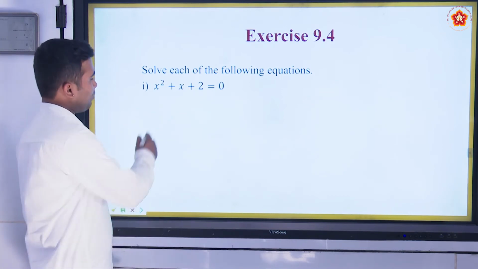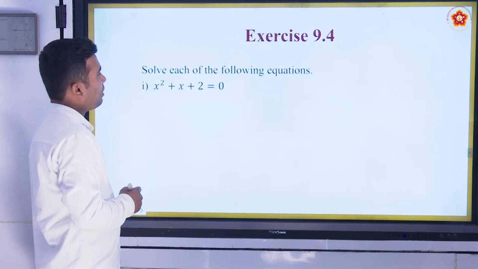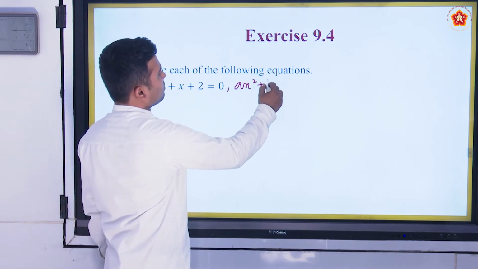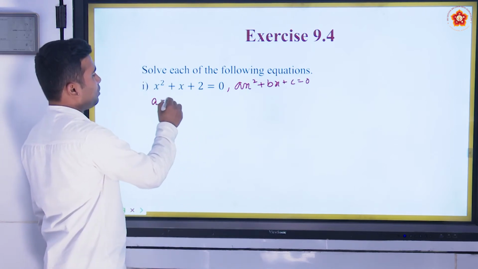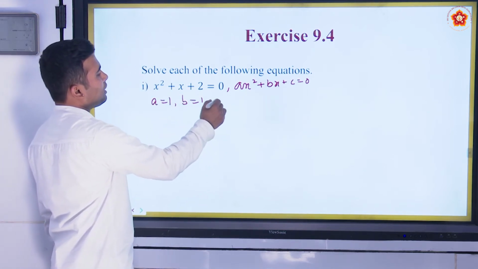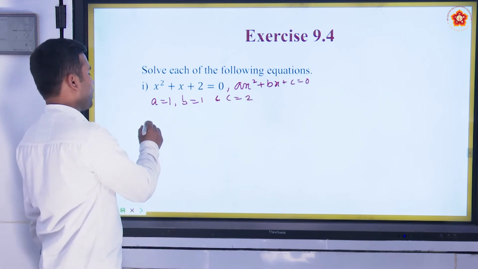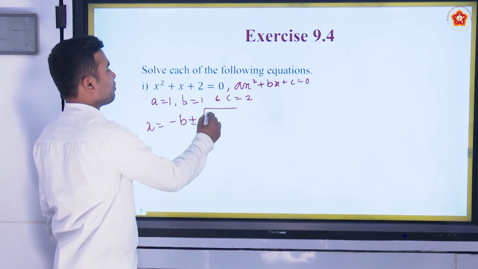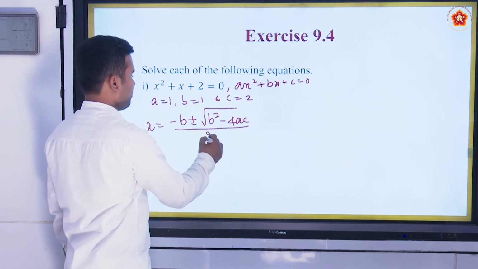So here we have the equation x square plus x plus 2 is equal to 0. You compare this with ax square plus bx plus c is equal to 0. Here a is equal to 1, b is equal to 1 and c is equal to 2. Use the quadratic formula here, x is equal to minus b plus or minus square root of b square minus 4ac divided by 2a.